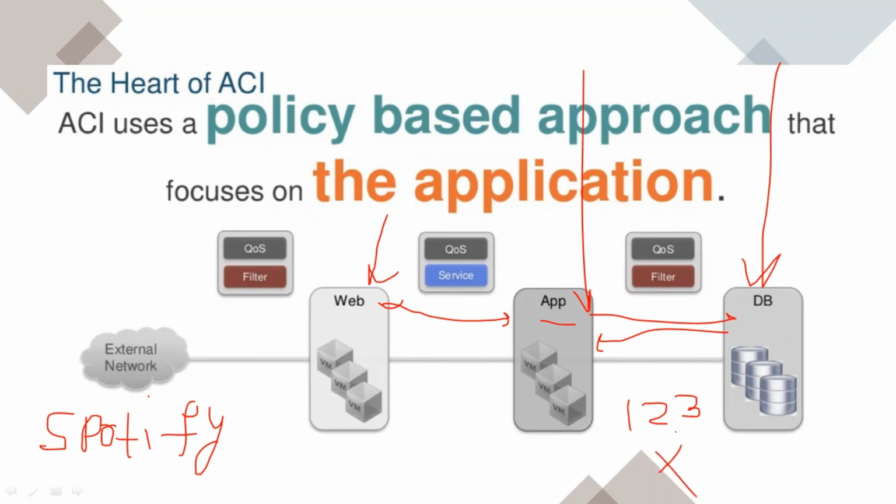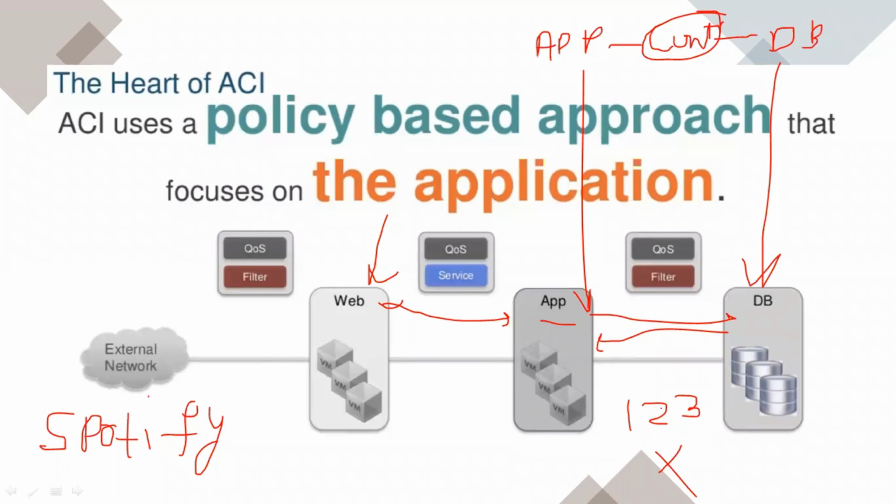Can you do that? Yes, we can, because we have an app policy and a database policy which we have created. We know you want to connect from the app to the database server, and you want only port 123. What we will do is apply something called a contract, and with the help of that contract, I will say allow port number 123.